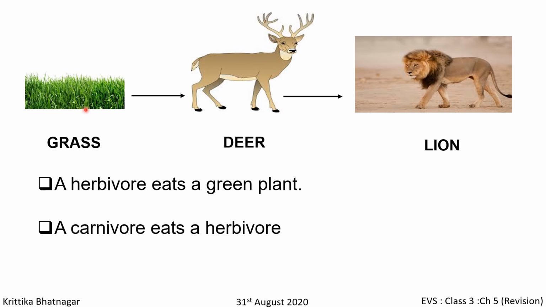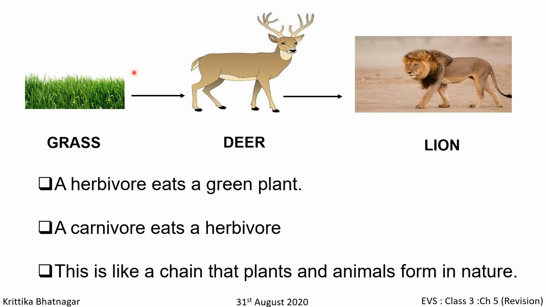As you can see in this picture, we have grass, deer and lion. So deer is a herbivore animal and deer eats grass. So deer is dependent on grass for food. And later the deer is eaten by the lion.